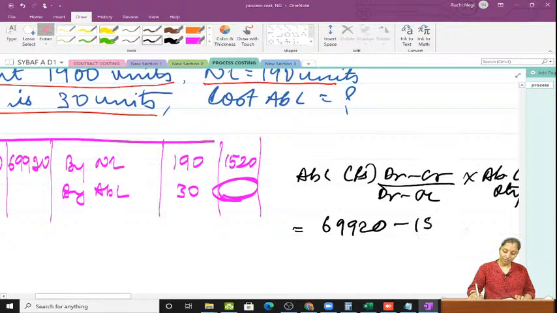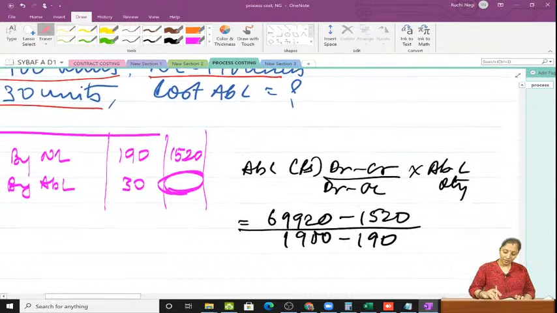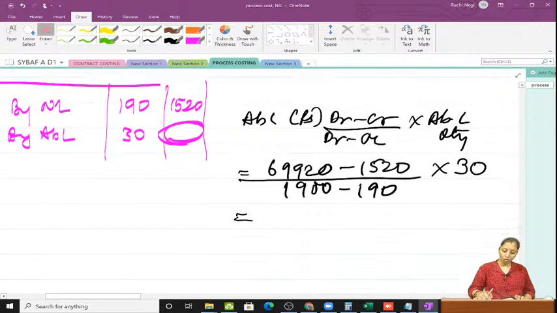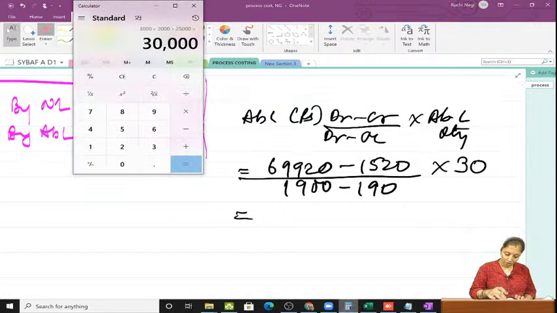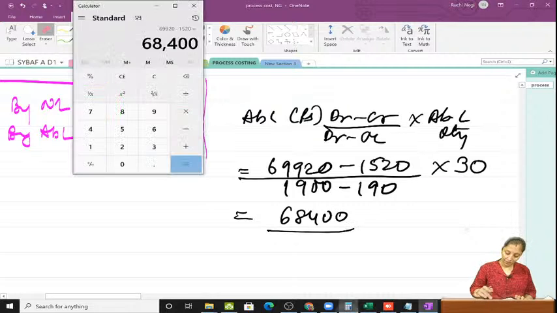Credit side is 1520. Debit side quantity is 1900. Credit side quantity is 190. And multiplied with 30. Okay, like this you have to solve. So 69,920 minus 1520 is how much? 68,400, divided by 1900 minus 190.